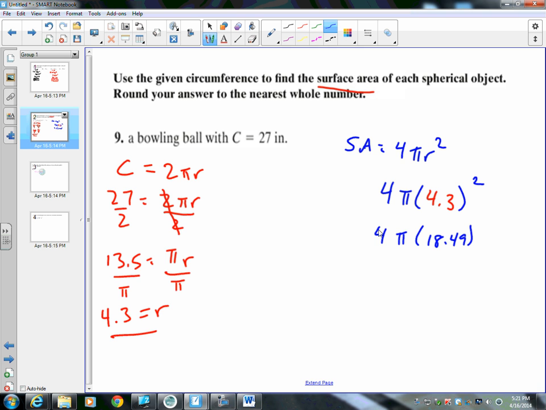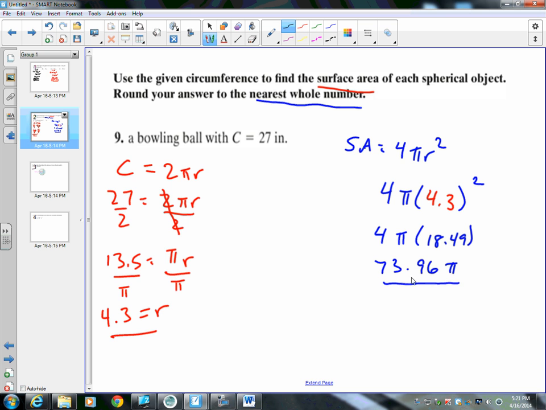And then we can multiply our numbers together, 18.49 times 4, and get 73.96 pi. This is our answer in terms of pi. Technically, the question asks us to round the answer to the nearest whole number.